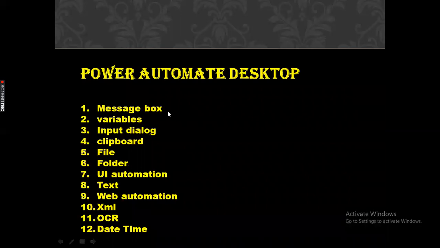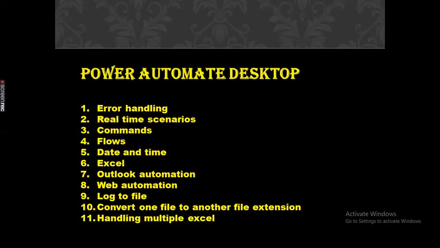I'll mention all the topics we are going to discuss in Microsoft Power Automate Desktop, like message box, variables, input box, clipboard, files, folders, UI automation, text, web automation, XML, CM, OCR, date time, error handling, real-time scenarios, commands, how to handle web automation, how to add UI elements, how to inspect elements, how to create our own custom absolute path and relative path, how we can utilize them, how to log the screenshots, how to log the process flow, how to capture error handling, how to capture error description and line numbers. We are going to cover each and every topic with the help of real-time examples.